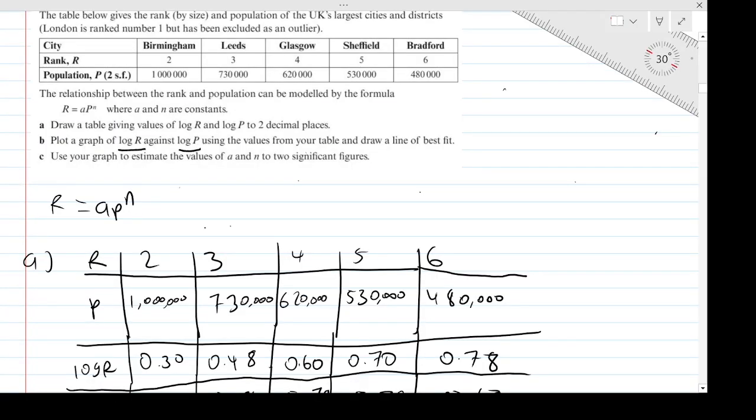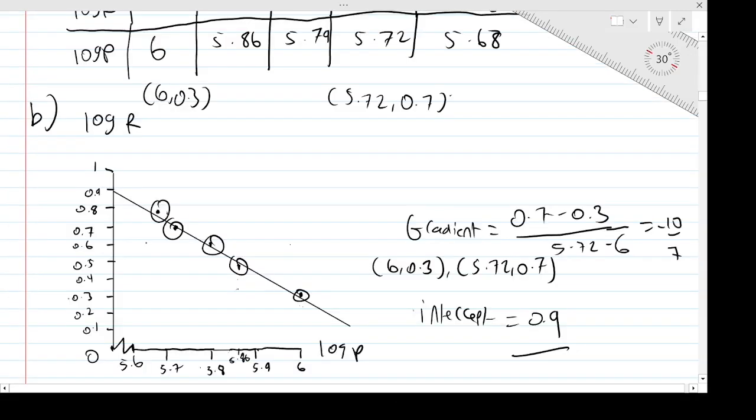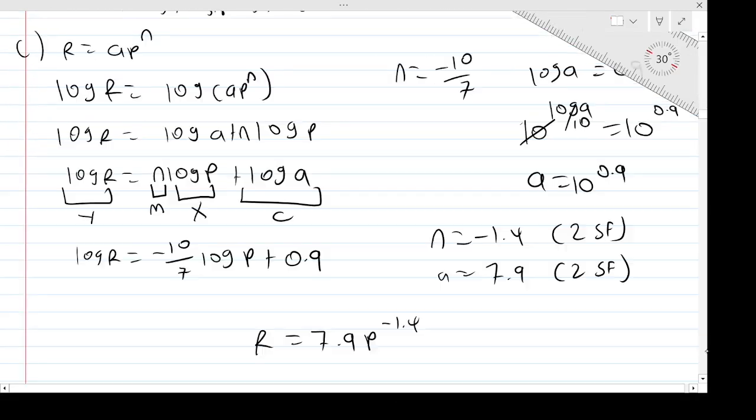That basically means y against x. So the y-axis should be log r and x should be log p. And also because in the original equation, r is the y and p is the x. So it makes sense for r to be y and p to be x. If you're a bit confused, I'm pretty sure the textbook's wrong with how they went over this example, but here we are.